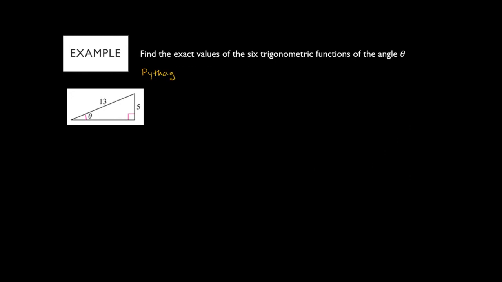So just to review, the Pythagorean theorem is a squared plus b squared equals c squared. So a, b, and then c is the hypotenuse. So we're going to plug in our numbers, and basically the missing side is the adjacent side, or a. So we need to use the Pythagorean theorem to solve for a.